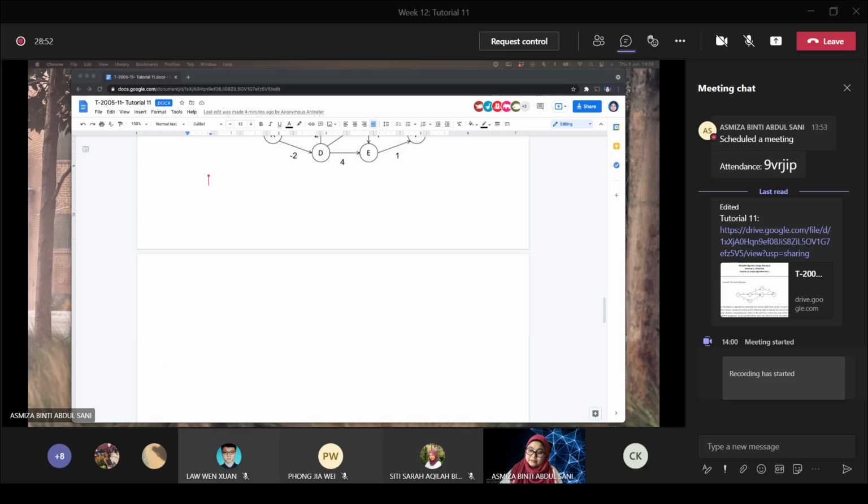Anybody giving me the answer? Do you have any problem with Bellman-Ford? So the steps: you need to write out all the edges, okay, and then you have to follow the same order for every iteration when you do the edge relaxation.